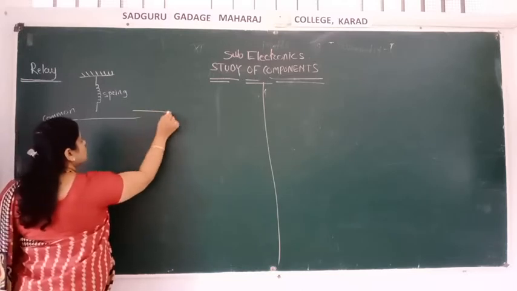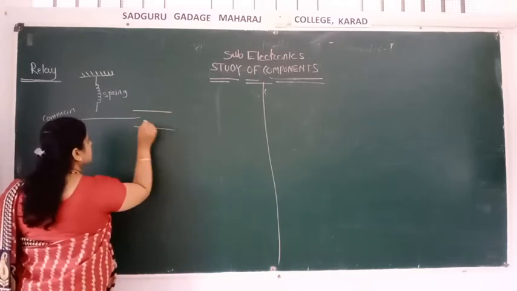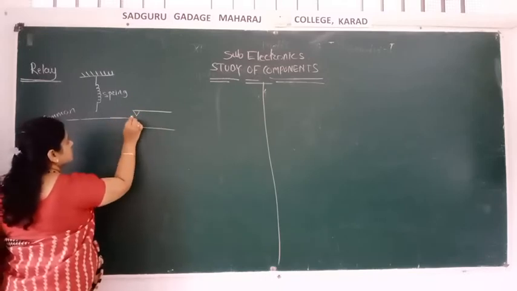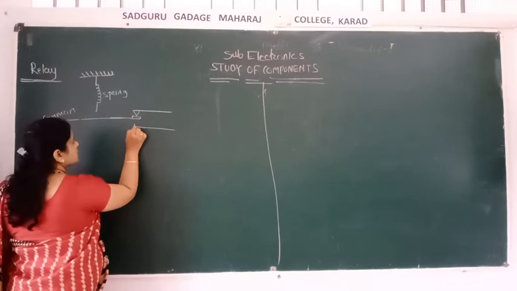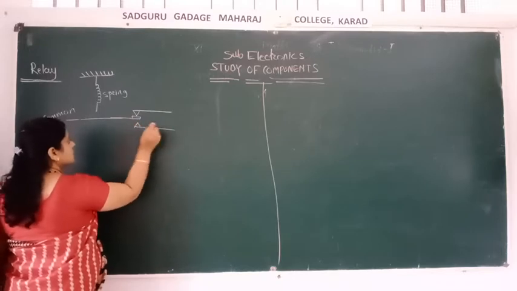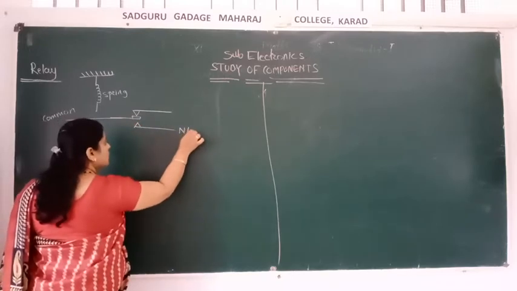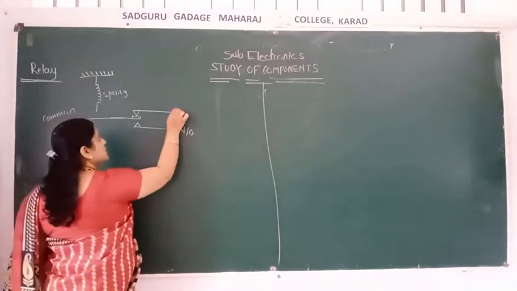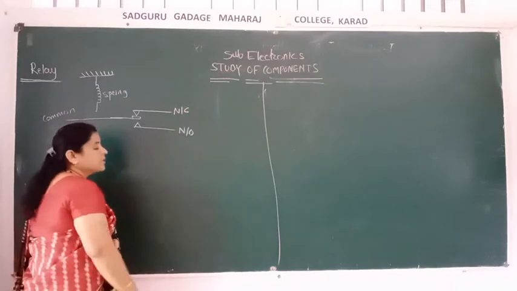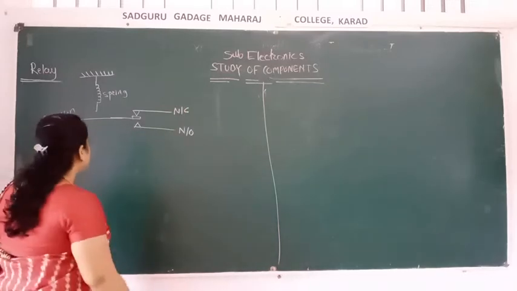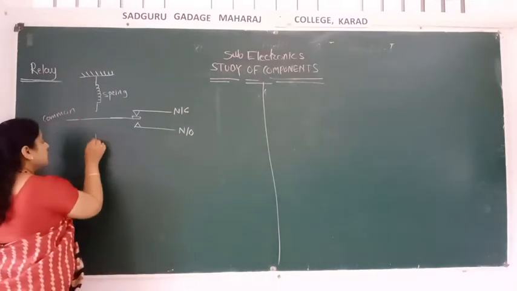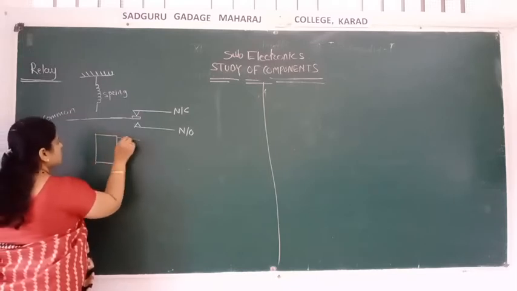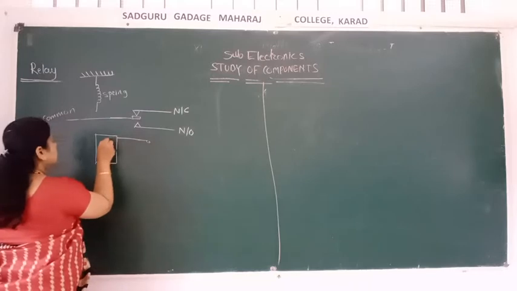Then two lines are there. Yes, these two lines are called normally open. N/O means what? It is normally open, and this is N/C, meaning normally closed. So here may be a coil. Coil is always what? It is a copper wire which is wound.